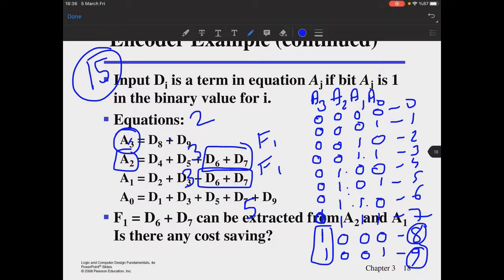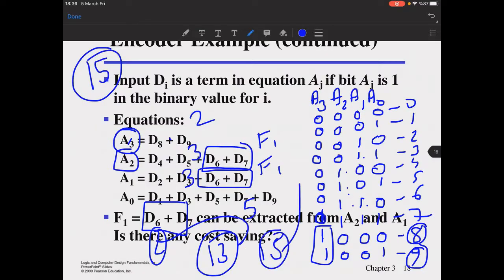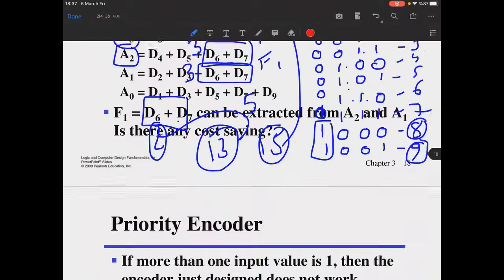What was the result? 5 and 8, it would be 13, right? But you also need to add this cost as well, which is 2. So it will be 15 again, right? They are the same. So there would not be any cost saving from doing this common factor, like multiple level optimization. There would be no cost saving at all.